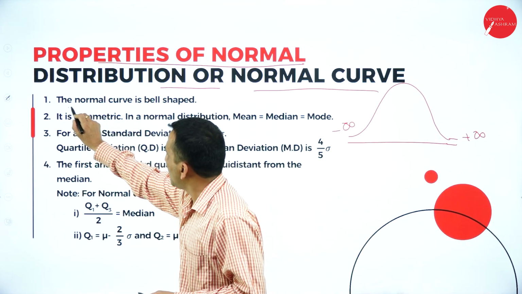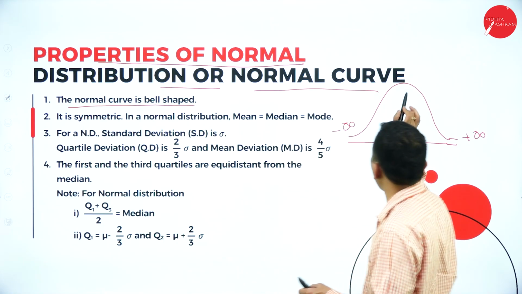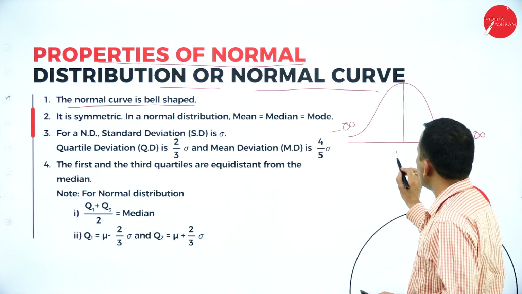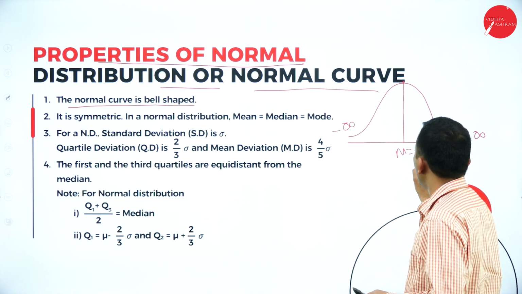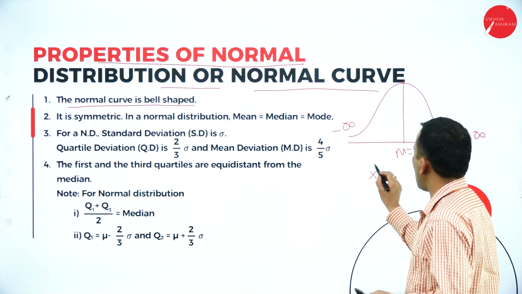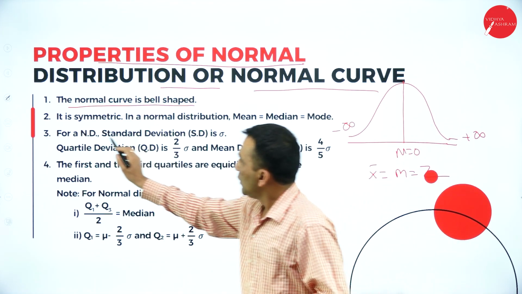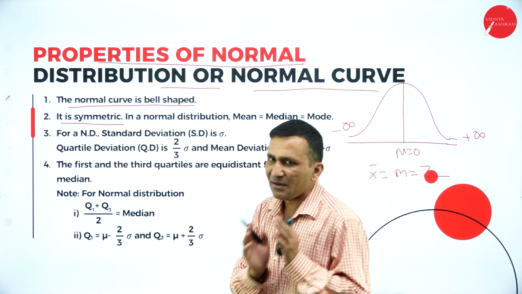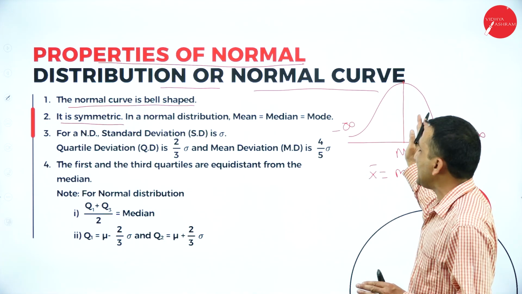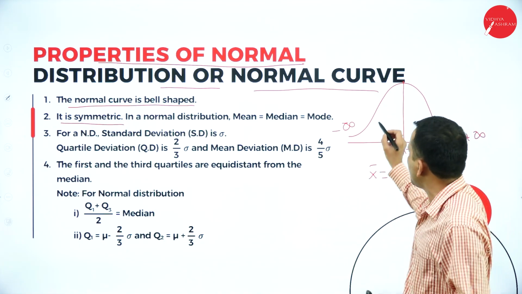The first property: the normal curve always looks like a bell-shaped curve, with mean equal to median equal to mode. Now, it is symmetric. Symmetric means the left and right sides are equally divided.